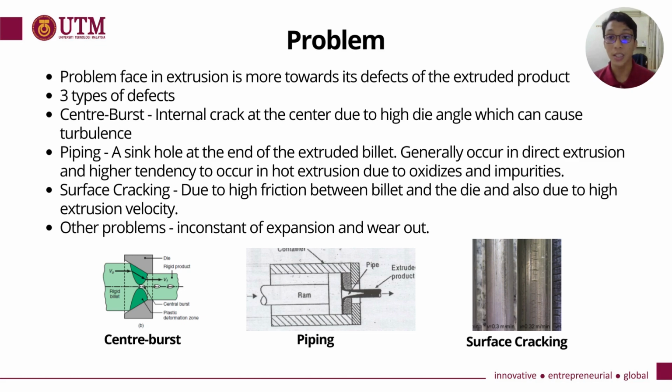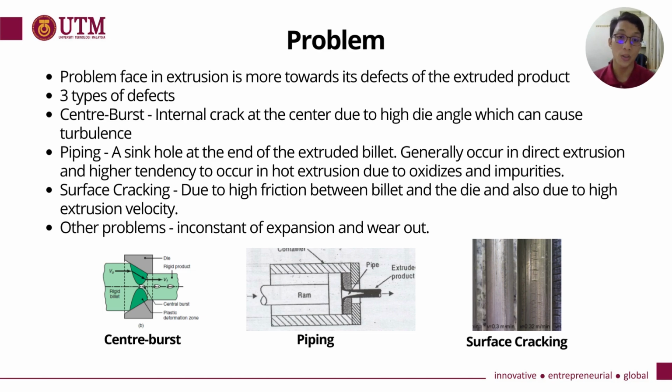The third is surface cracking. Surface cracking occurs at the outer surface of the extruded products. This is due to the high friction between the billet and the die of the machine, and also due to the high extrusion velocity of the process.